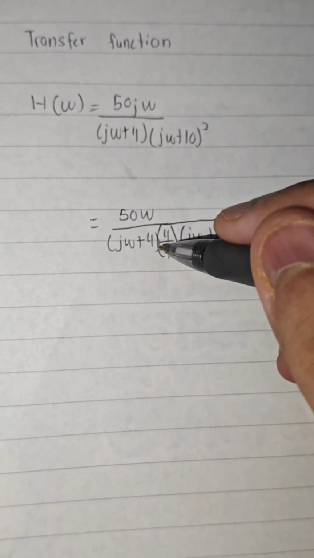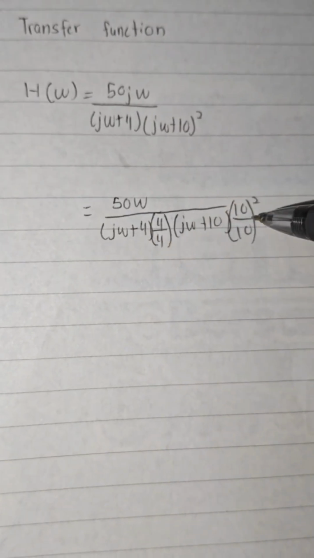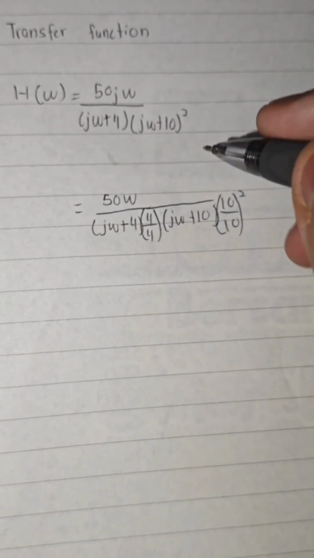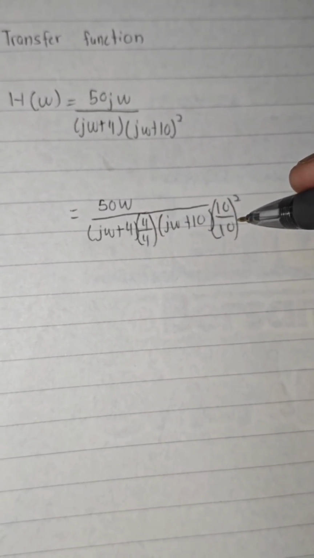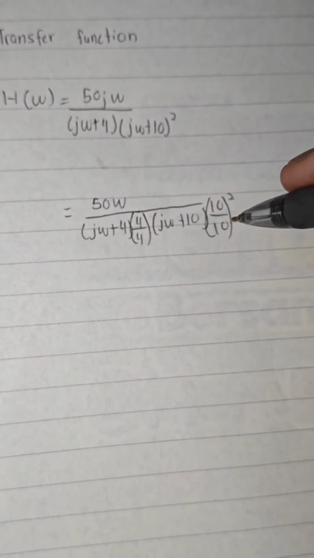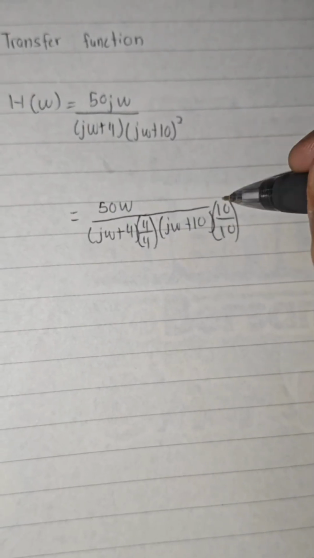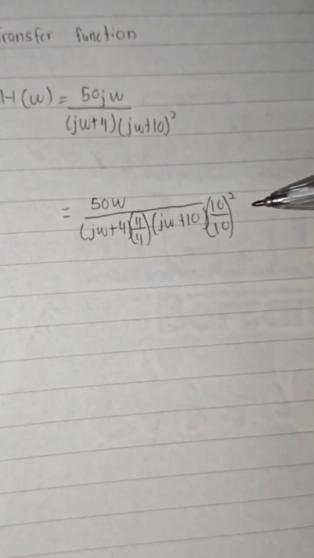We divide 4 by 4 and 10 by 10. For example, if here we have a 6, we change it to 6 over 6, because dividing by 6 changes it to 1. Same goes here, it will change to 1.